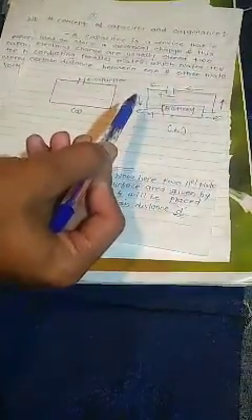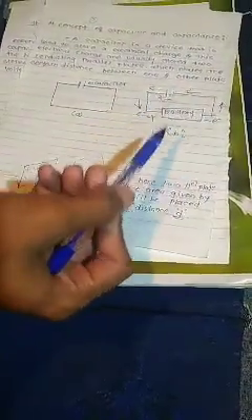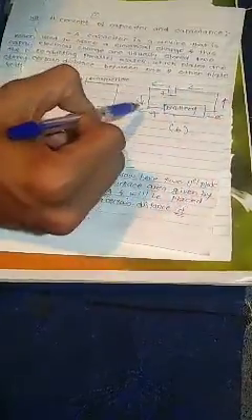Because of the battery's voltage difference, electrons flow from the lower voltage to the higher voltage, as shown in figure B. The positive charge is plus Q and the negative charge is minus Q.